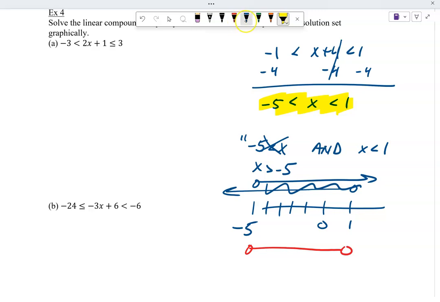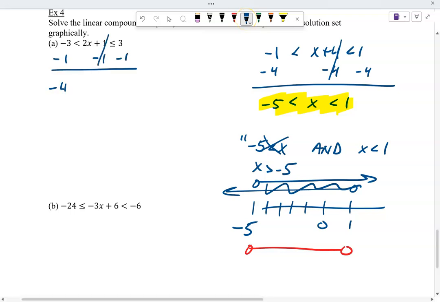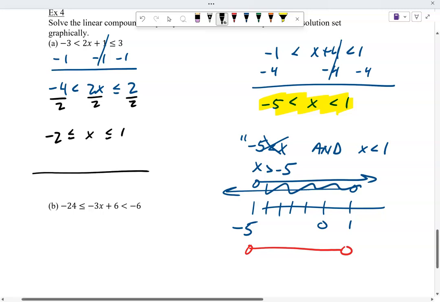So let's do this first example. We're going to subtract 1 on all sides. And I'm going to divide by 2. So my graph will be less than or equal to 1, so I'm less than or equal to 1, but, oops, that's supposed to just be a greater than right there, sorry.